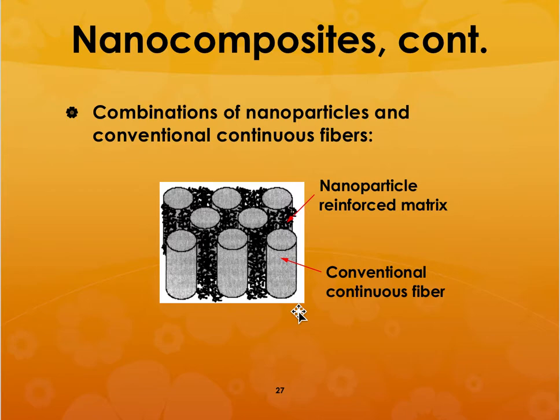So what people have tried to do is to combine the nanoparticles and conventional continuous fibers. So you fill in the area between the fibers with these nanoparticles. If you have that, then it makes it easy for you to get better bonding so that the fibers won't be easy to pull off.